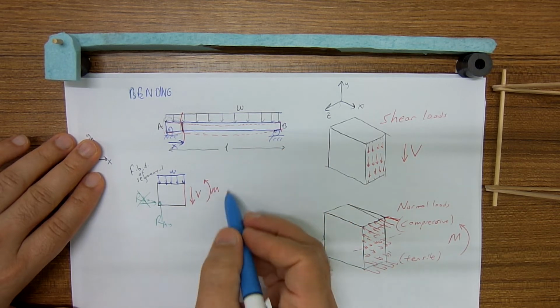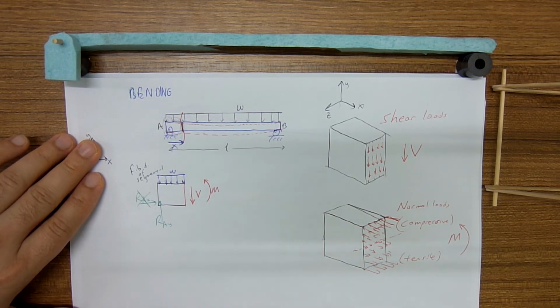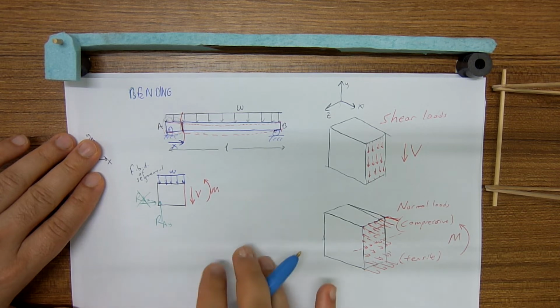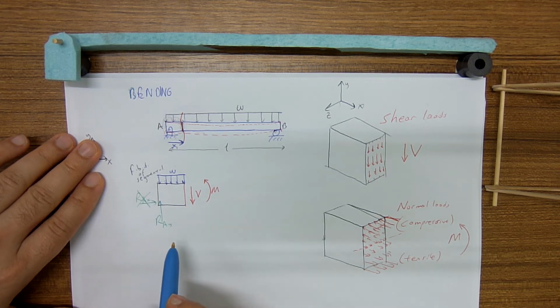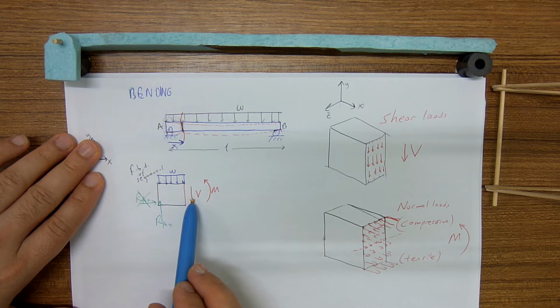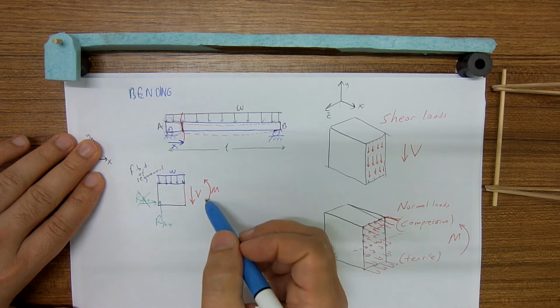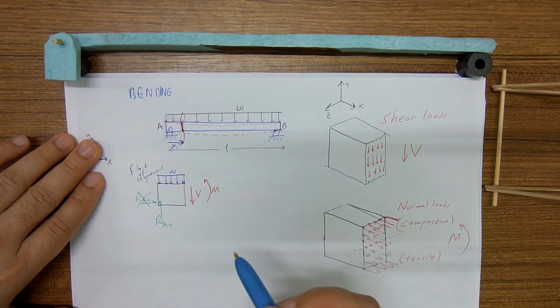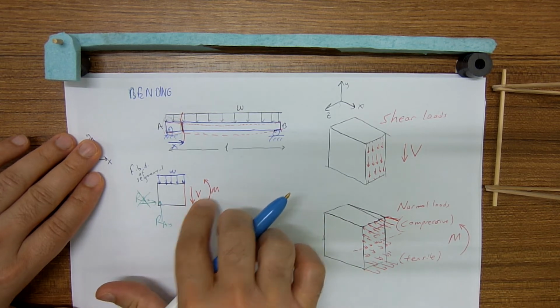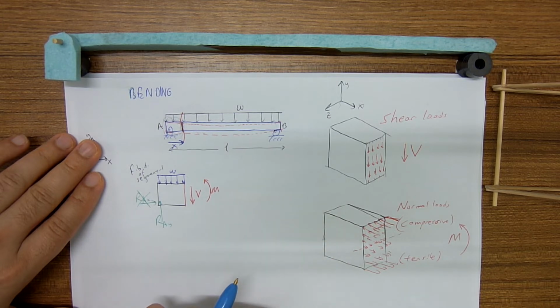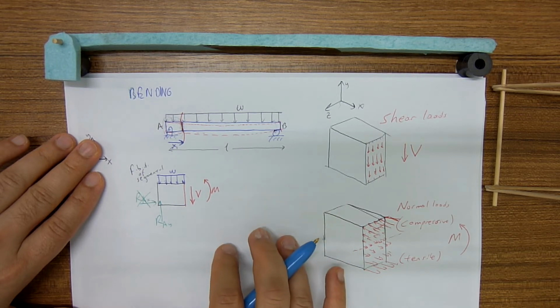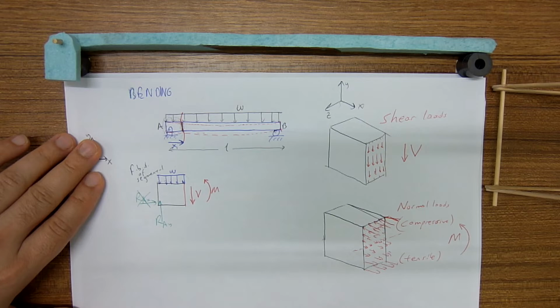These are the positive sign conventions for shear moment diagrams. So if your shear force is downward, you draw it in the positive area of the shear diagram. If your moment is counterclockwise direction, you draw the moment graphic in positive area of the moment diagram.